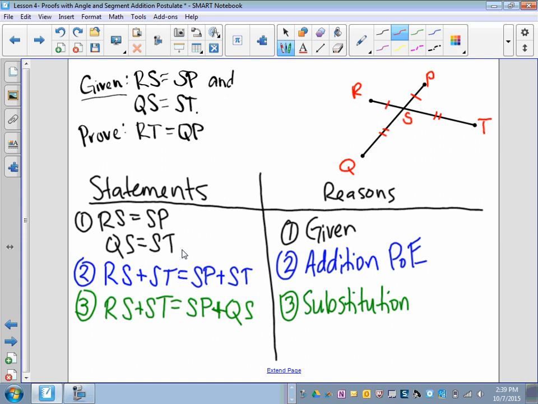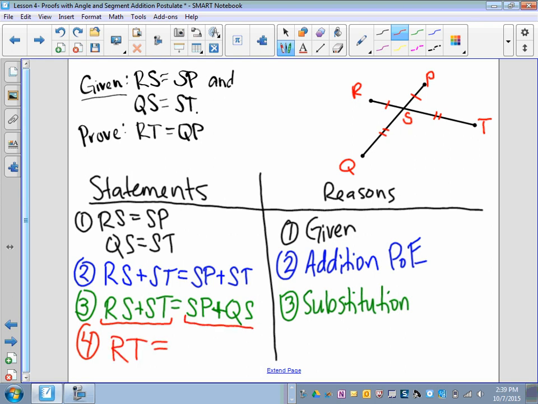And then by the segment addition postulate, I know that RS plus ST is equal to the measure of the whole line, RT. So I know that this, by the segment addition postulate, is just simply the measure of the whole line, RT.